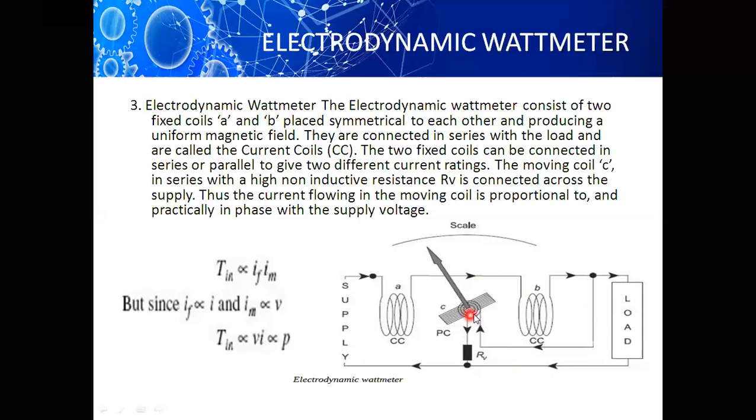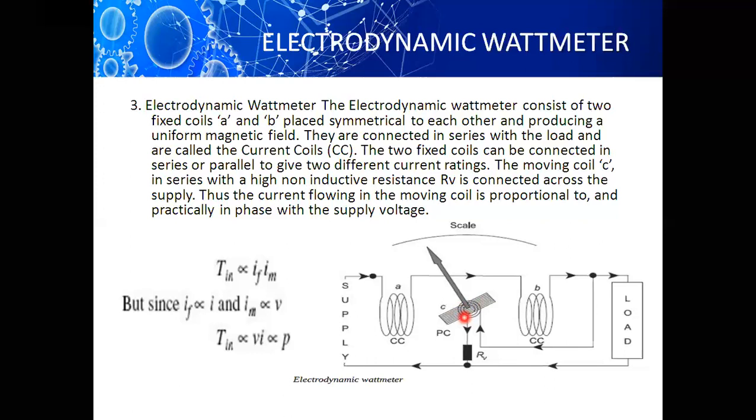Why? The first reason is that this moving coil, which in a dynamic wattmeter we call a pressure coil, is made of a very thin or fine wire.